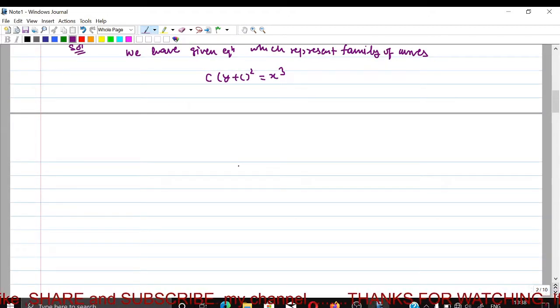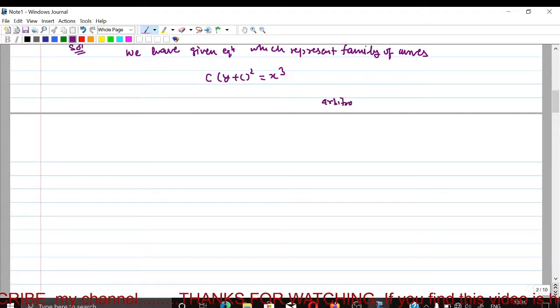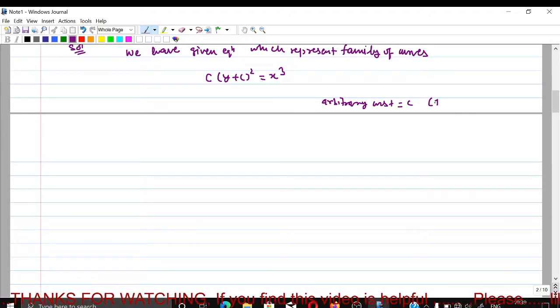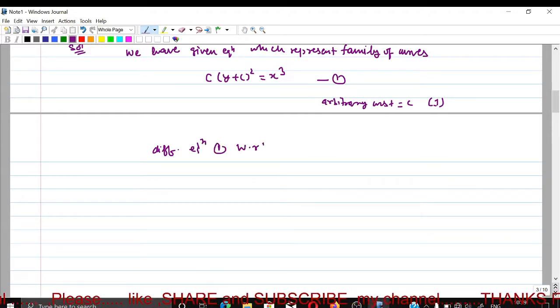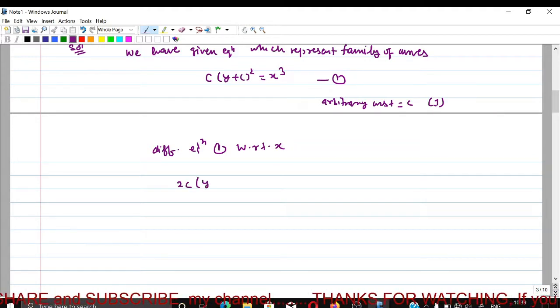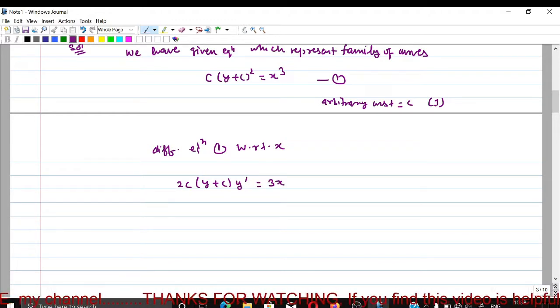Here the arbitrary constant is c, that is 1. So in step number 2, differentiate. Write this as equation number 1, differentiate equation 1 with respect to x. On differentiating you will get 2(y plus c) y dash equal to 3x square. This is equation number 2.